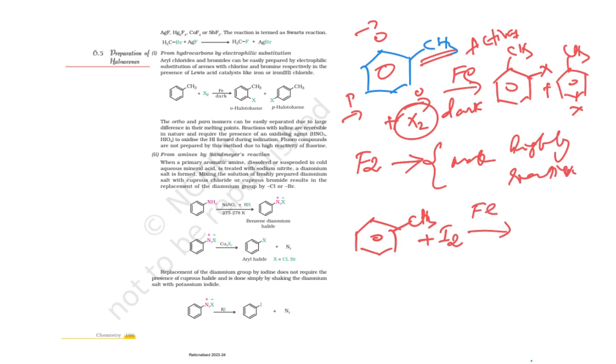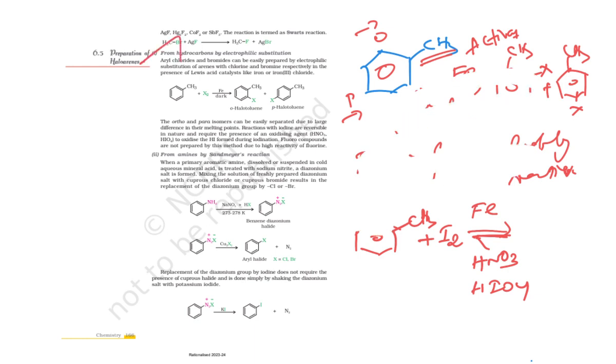This reaction is possible, there is no second thought, but the reaction is reversible. In order to restrict that, we use the oxidizing agents HNO3 and HIO4. Clear? This is all about the first method of preparation of haloarenes.